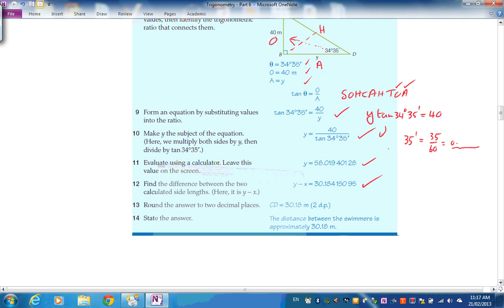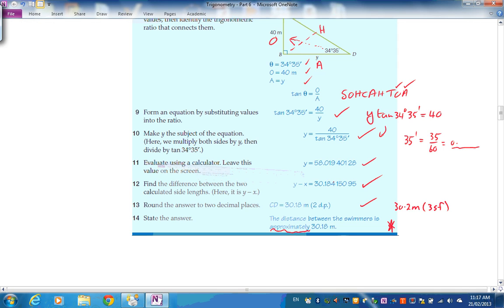No rounding yet, and then we round it at the end to two decimal places, or 30.2 metres to three significant figures. So then we state the answer. The distance between the swimmers is approximately 30.18 metres. You always use approximately because you have done some rounding.